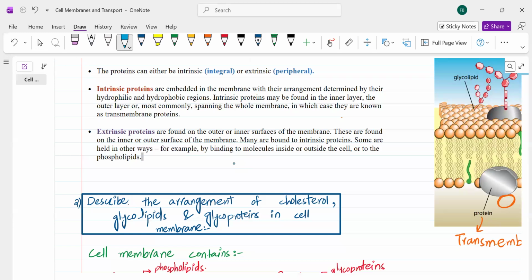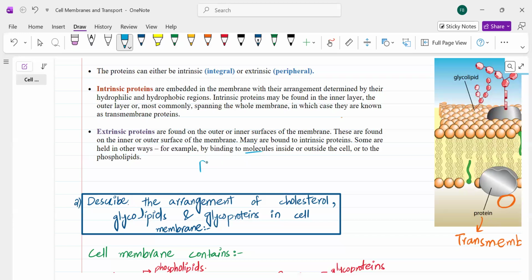What does conjugated mean? Conjugation means two different molecules are combined. Lipid is combined with protein, that is why it is known as lipoprotein. Similarly, protein is attached with carbohydrate, so it will be known as glycoprotein. Sometimes the extrinsic proteins bind to different molecules.